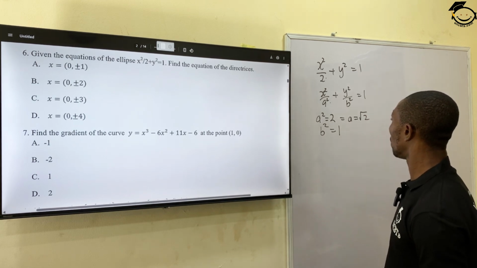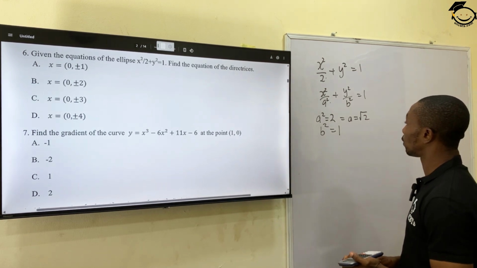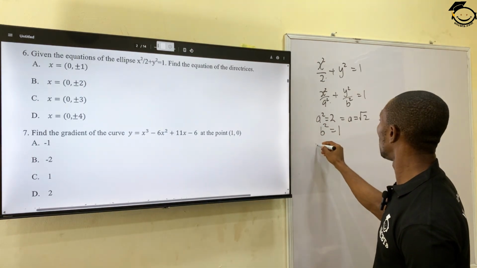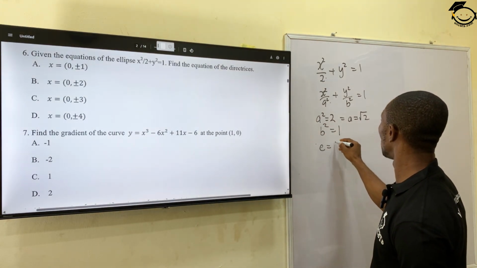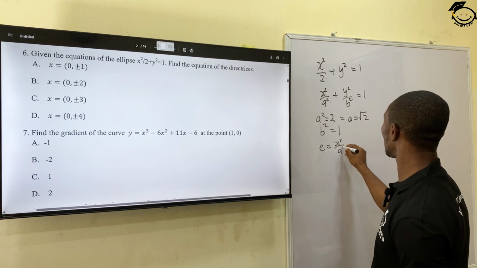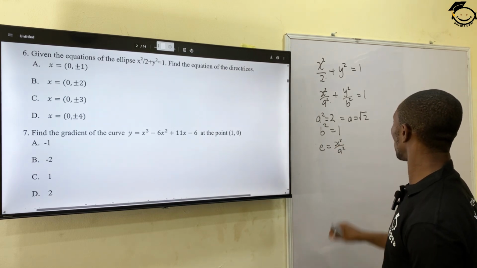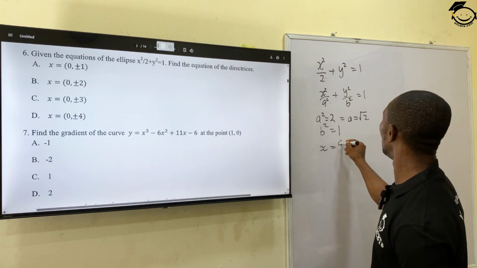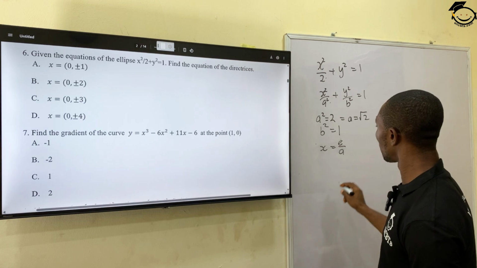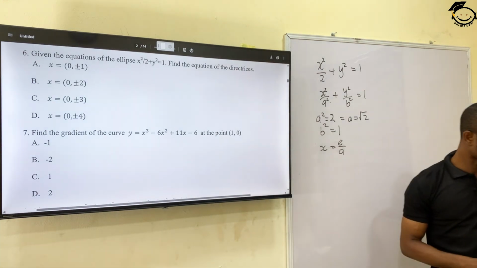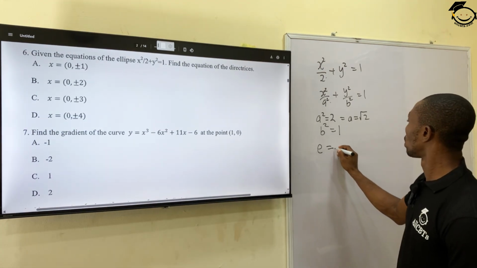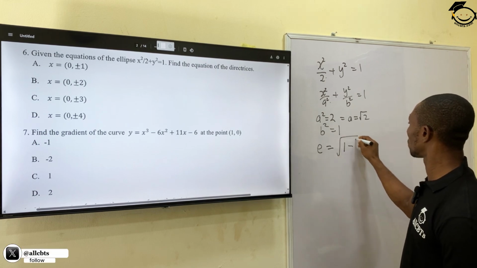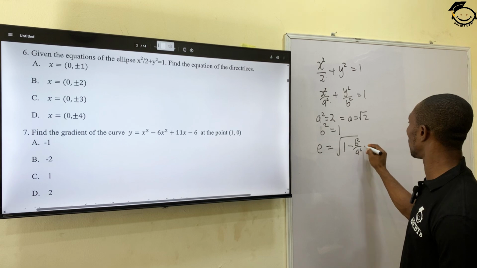Okay, now our eccentricity formula gives us our e equals root of 1 minus b squared over a squared.